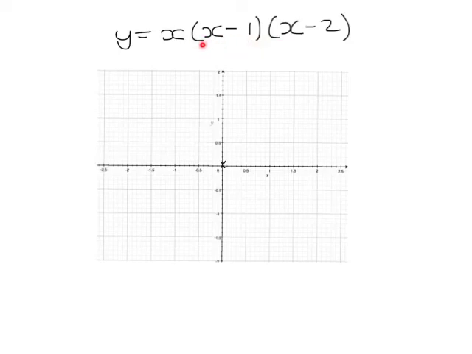This (x - 1) tells us that the next root is going to be where x is equal to 1. So we can mark that on as well. And this final factor, (x - 2), tells us that the next root is going to be at x equals 2. So we can mark that on there, and then we can draw this using our normal cubic shape.